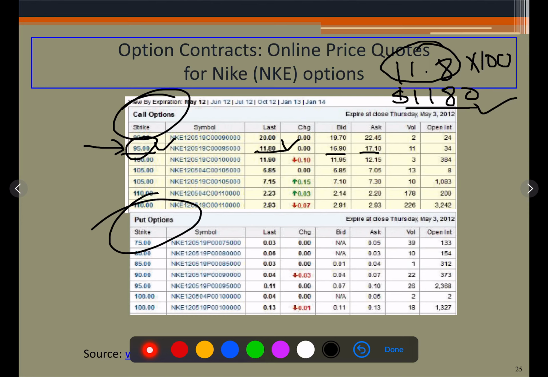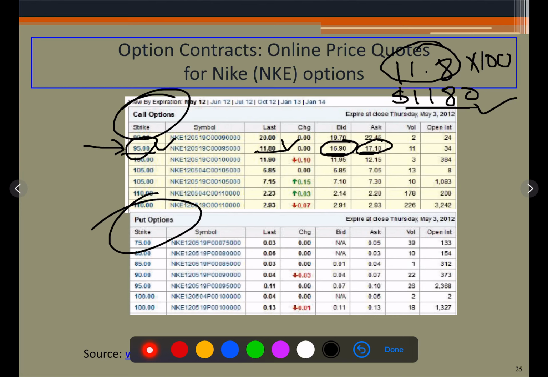So for example, this is right now the charges, the bid and ask. What does it mean? If I go to the dealer and want to sell him the call option contract, where I am giving the right to the dealer to buy the underlying stock, in this case Nike stock, at $95, then he will be paying me the premium of $16.9 for each share.